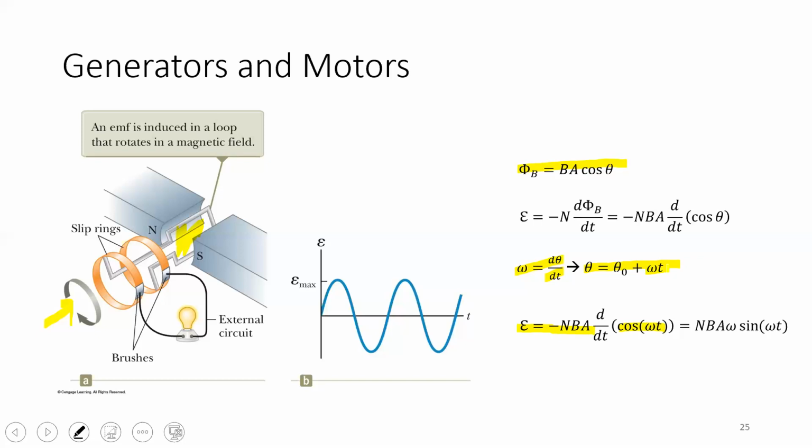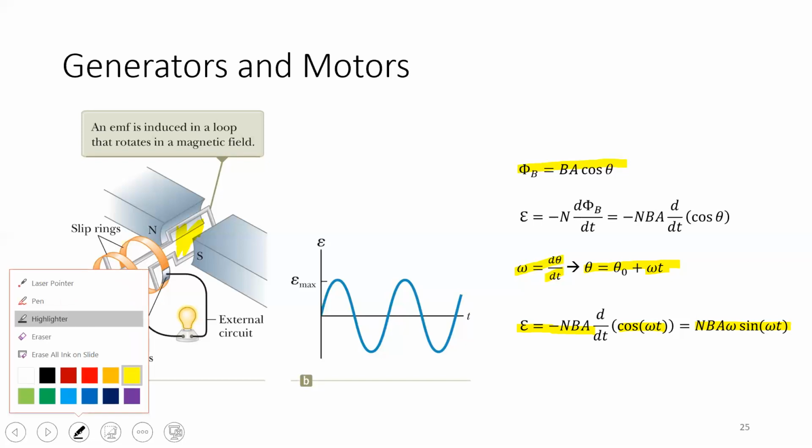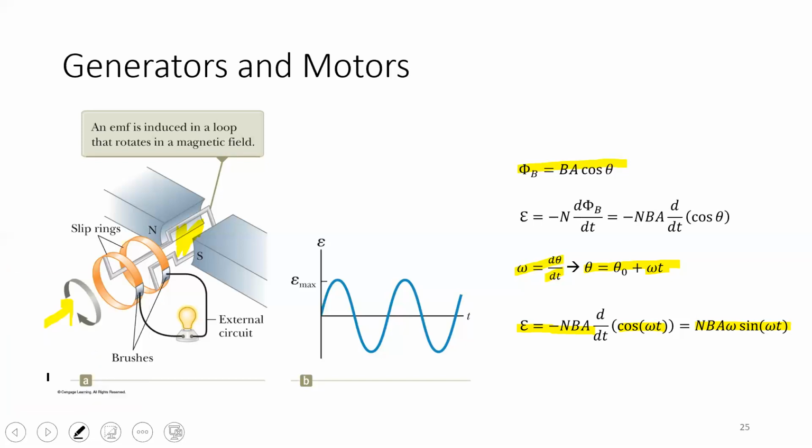When we take that time derivative, we get a negative sign, so the negatives cancel out, and we get the sinusoidal function, NBA omega sine omega t. That omega t tells you how fast we repeat. This is one wavelength of our sinusoidal motion. The time it takes to repeat is given by that omega t.